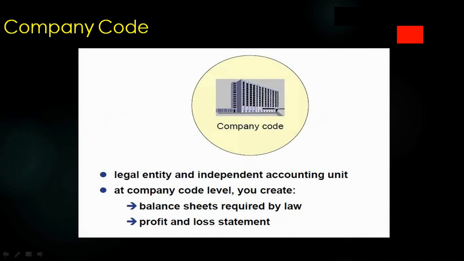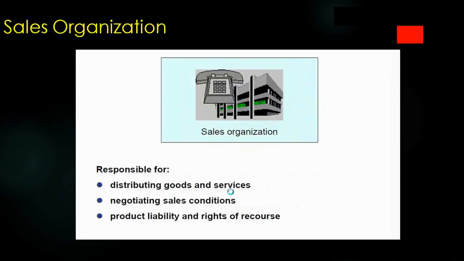So what is company code? Company code is a legal entity and independent accounting unit. At company code level you create the balance sheet required by law and the profit and loss statement. Then we'll discuss what is sales organization.